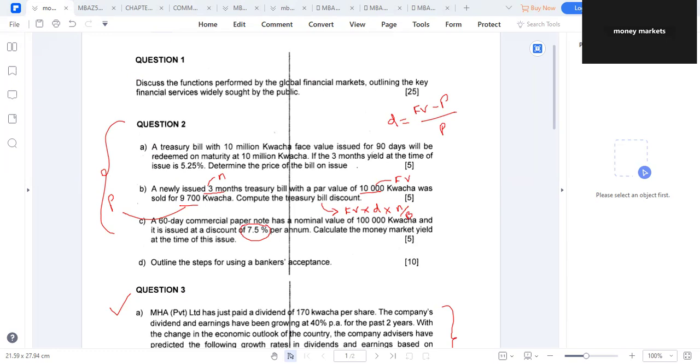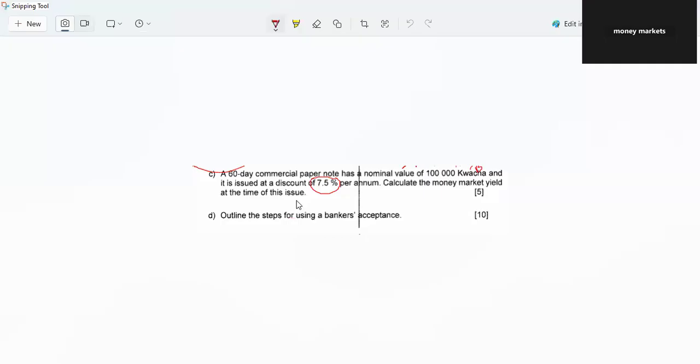So help me identify what parameters we have in there. What do we have? Please don't embarrass me. I have taught all. Just need to apply what I have talked about. What are we given?